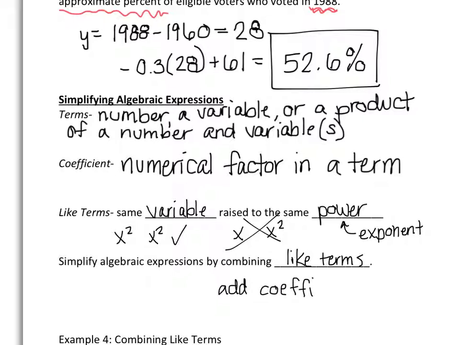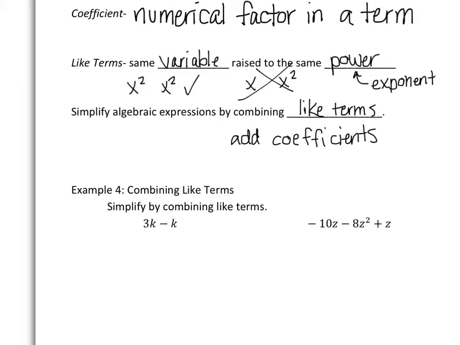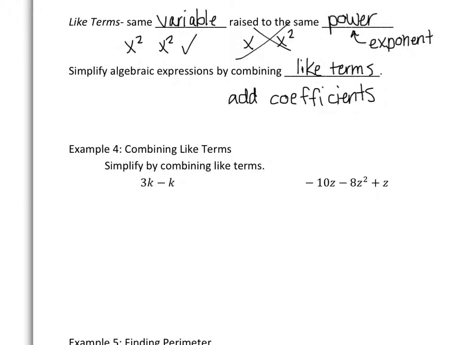Y'all have done this before, I believe. Tell me if you haven't. So, in this first example, are these like terms? Yes, are they the same variable? K and K? All right, do they have the same power?